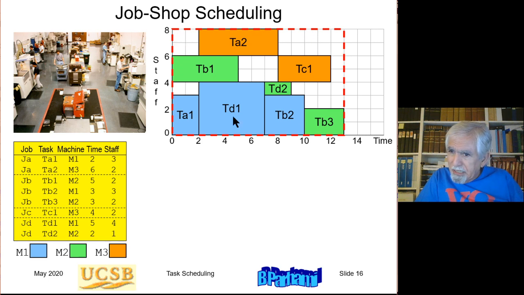If I can fit it in a box of width 13, then I can save 1 unit of time, finish things faster. Okay, so a natural question, is this the best I can do? So the manager constructs the schedule and then worries, can I do better?